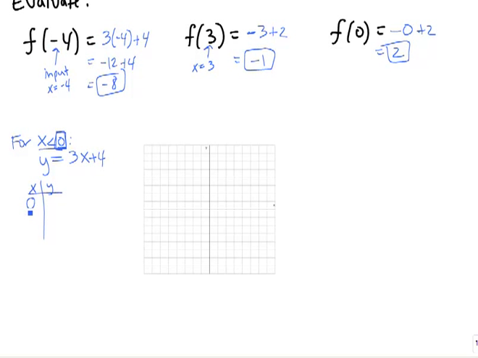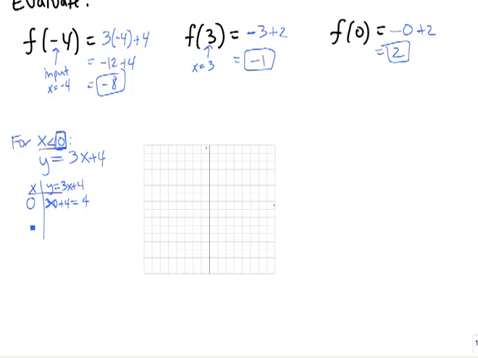So if I let x be 0, let's plug that into our equation to find out what y should be. 3 times 0 plus 4, this goes away, and we just get 4. So (0, 4) is one important point on this graph. Now, because this is a line, we need 2 points to graph a line, so I need to pick another x.